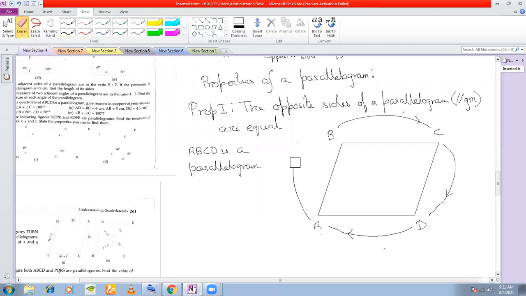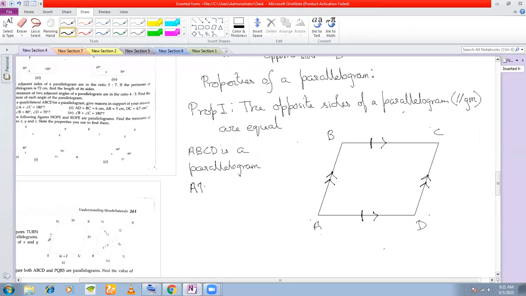Okay, so the property here is that if I give you ABCD to be a parallelogram, obviously these two will be parallel opposite sides because it is a parallelogram. And this property will state that the length of this side AD must be equal to the length of this side BC.